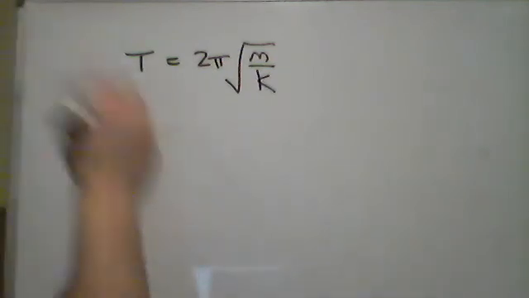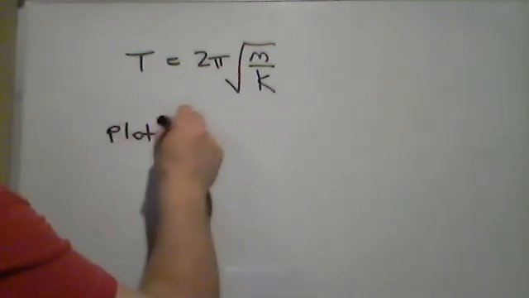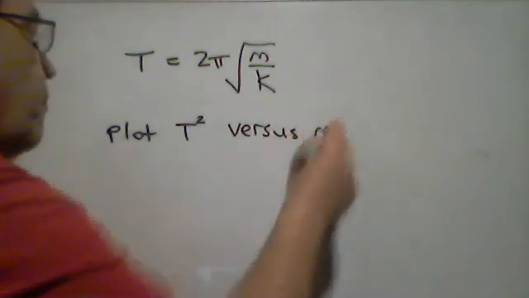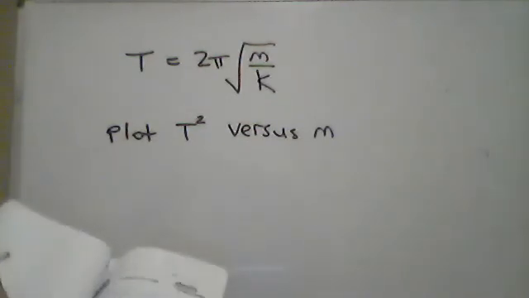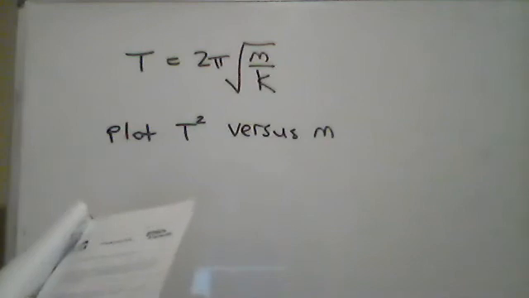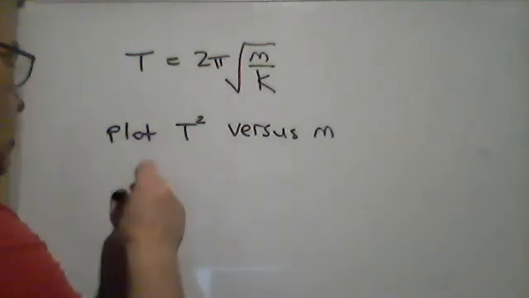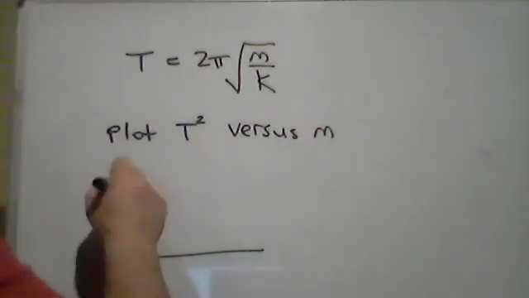I want to point that out too. When I say plot t squared versus m, this goes back to the very first page of the lab, where I ask you to plot voltage versus current. The first thing you see is your y-axis. The second thing you see is the x-axis.